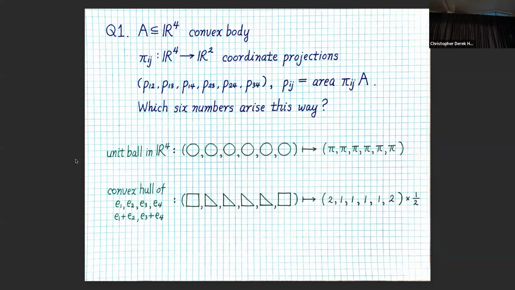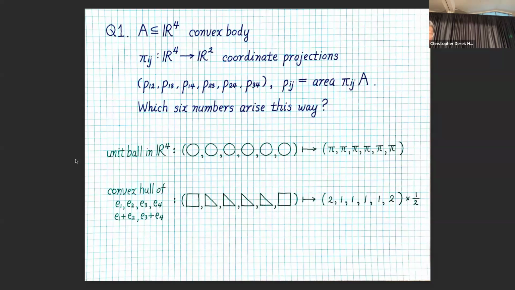So for example, if you start with the unit ball in R4, the 6 shadows of it will all be unit circles. And each one of them has the area pi. So pi, pi, pi, pi, pi, pi can certainly arise this way.